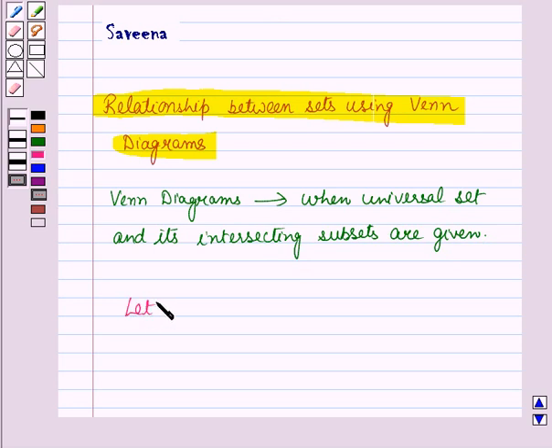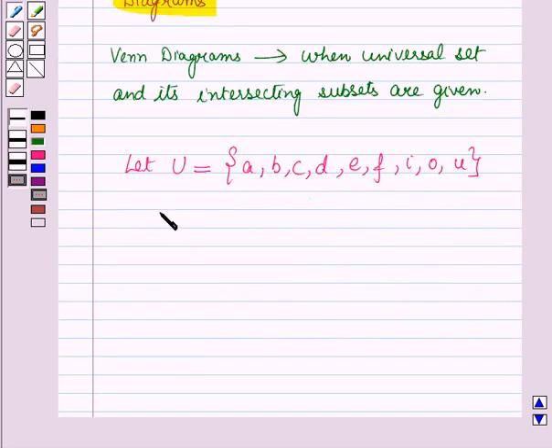Now let the universal set be denoted by U, which is equal to the set containing the elements A, B, C, D, E, F, I, O and U. And A is a set containing the elements A, E, I, O and U. And B is a set containing the elements A, C and E. That is, A and B are intersecting subsets of the universal set U. Now these two sets are intersecting sets because they have some elements in common.